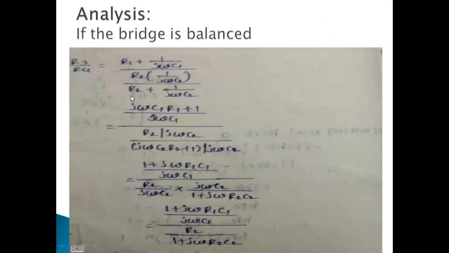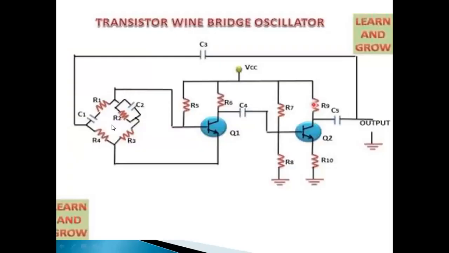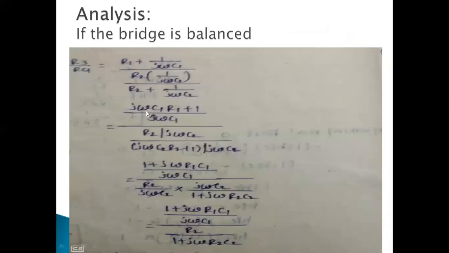This represents the Q value. So P by Q is equal to R by S, and in this terminal we have R3 and R4, so R3 by R4. So P by Q is equal to R3 by R4.